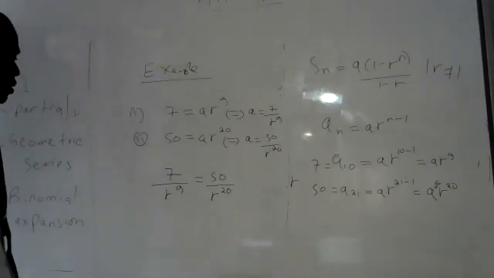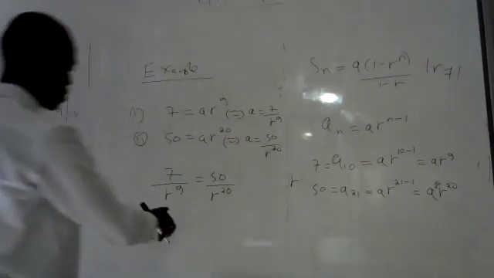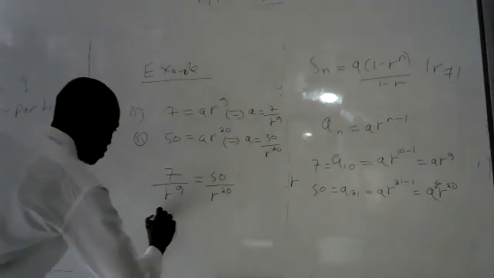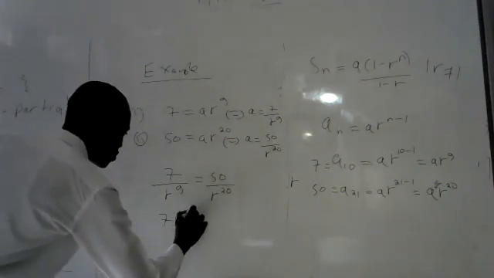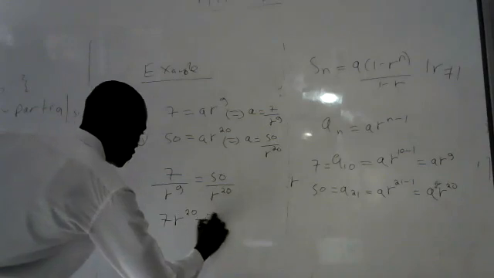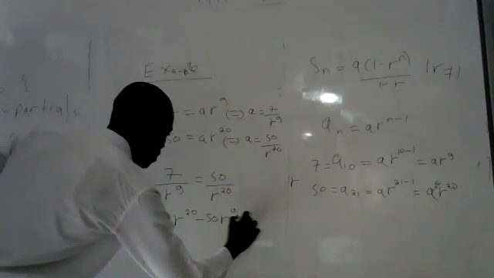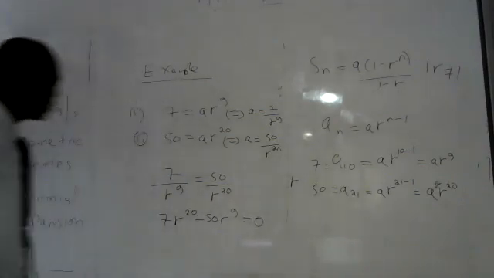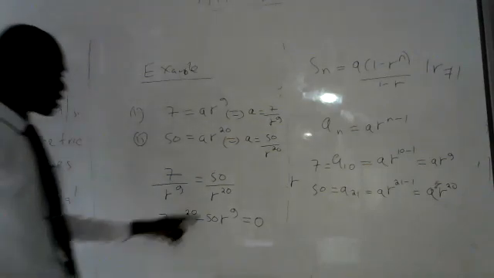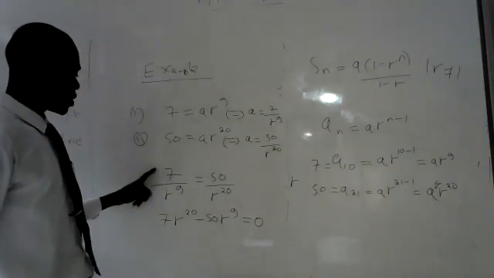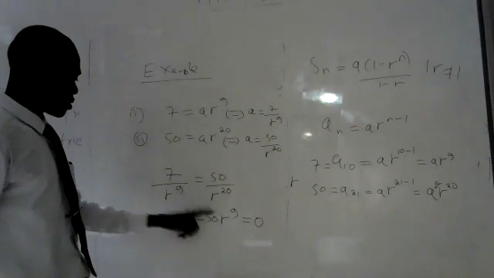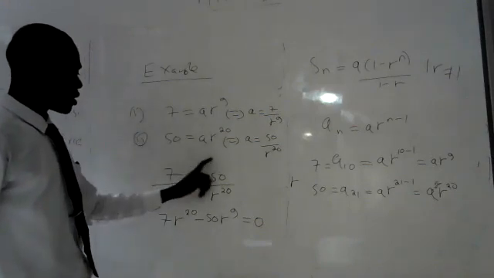Okay. So I could cross multiply. So I have 7 R 20 minus 50 R power 9 is equal to 0. I've done 7 times R to the 20, and then R to the 9 is 50.